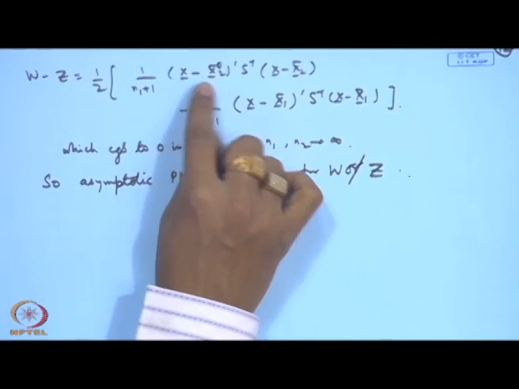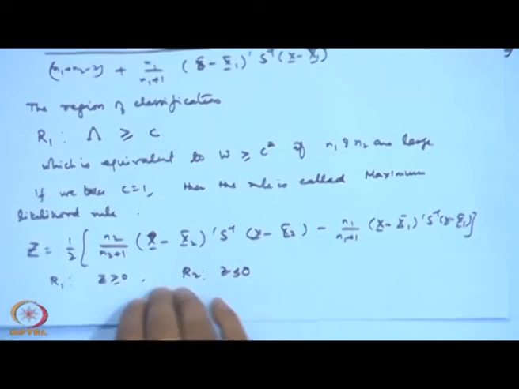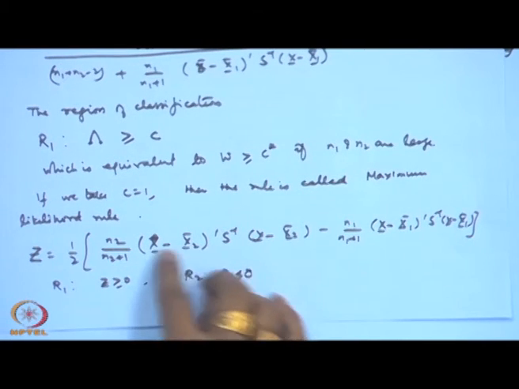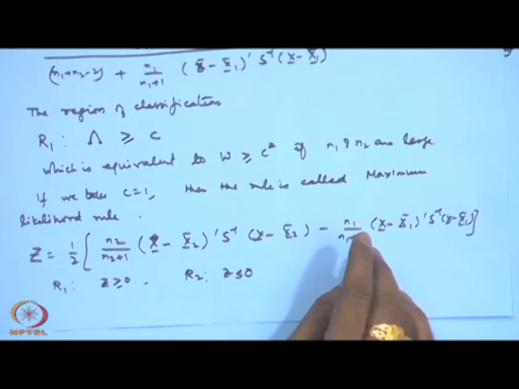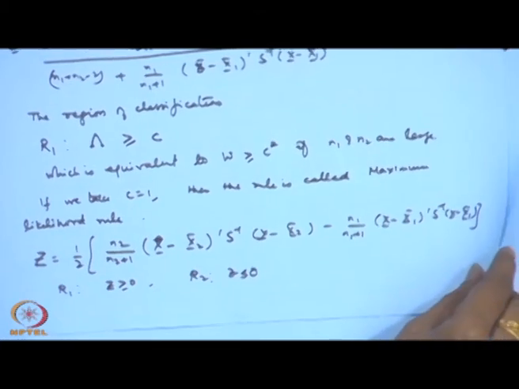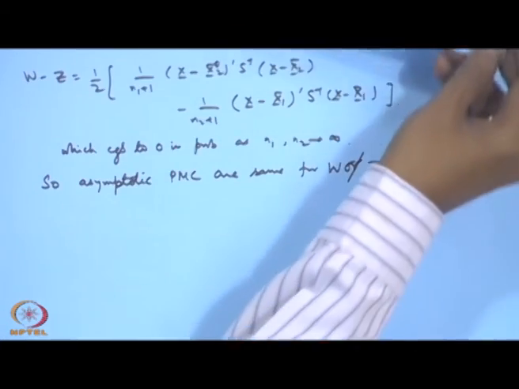So, what we are saying is that we can use either of these, and these statistics W and Z are also invariant. If you consider shifting, for example, you look at this Z, if I translate all the observations, then there is no effect here. So, these rules are also translation invariant and therefore, that is another plus point.